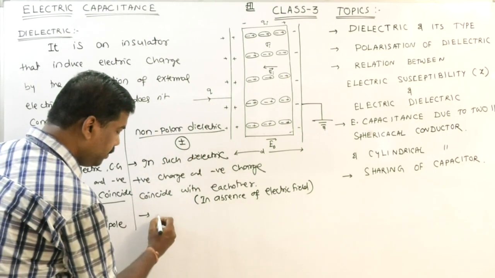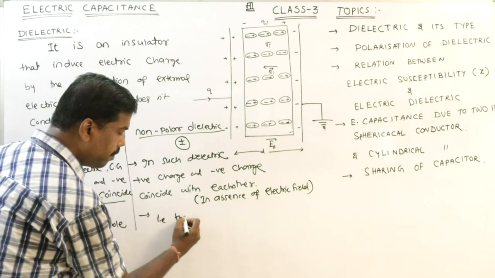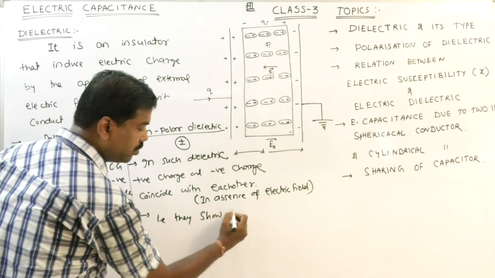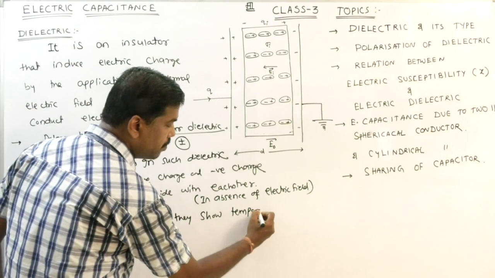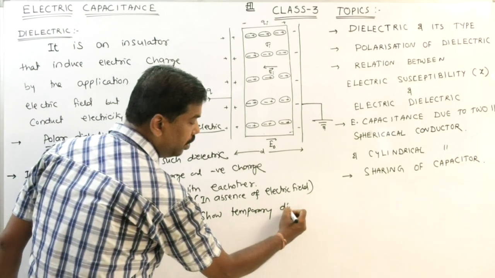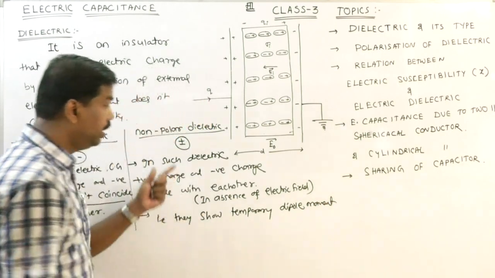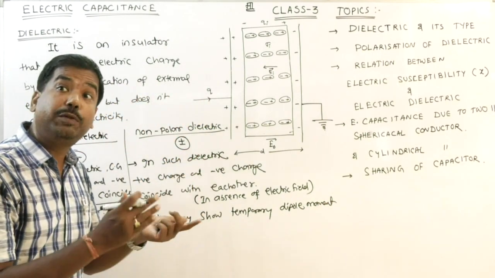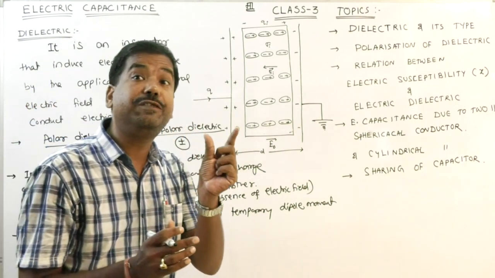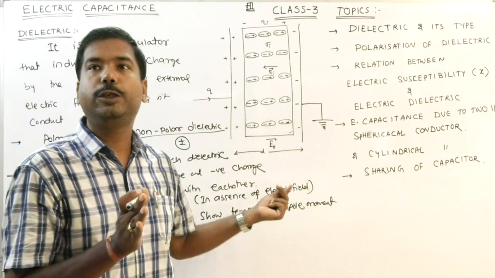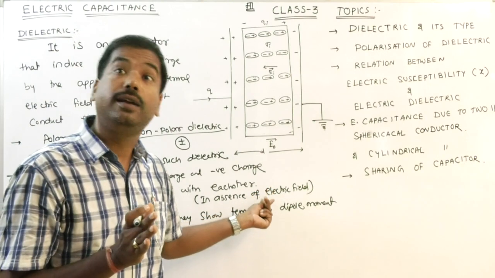That is, they show temporary dipole moment. Clear? It means when electric field is applied, the positive charge and negative charge get displaced. Hence, they show a dipole moment.